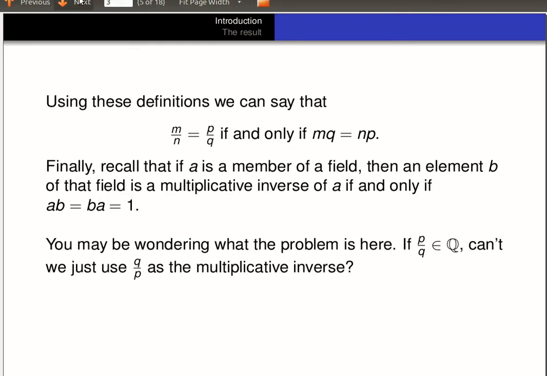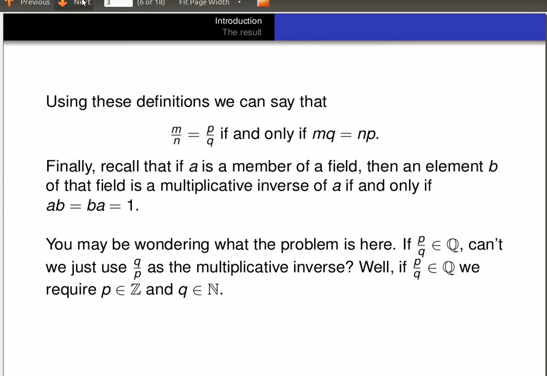So you might be wondering what the problem is here, right? I mean, if you have a rational number p over q, can't we just use q over p as the multiplicative inverse? After all, certainly p over q times q over p will be equal to 1. Well, almost, but not quite. The problem is that if p over q is a rational number, we know that p is an integer and q is a natural number.